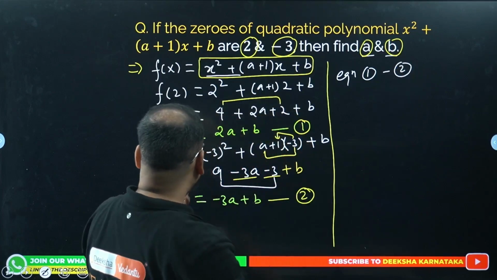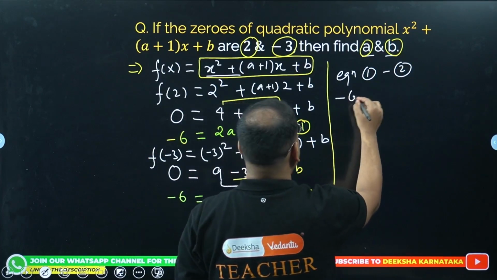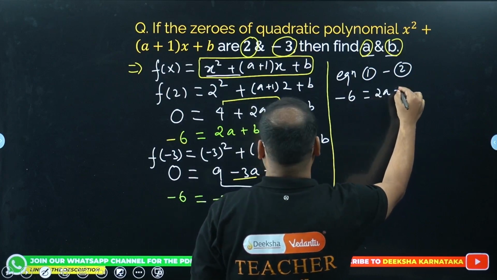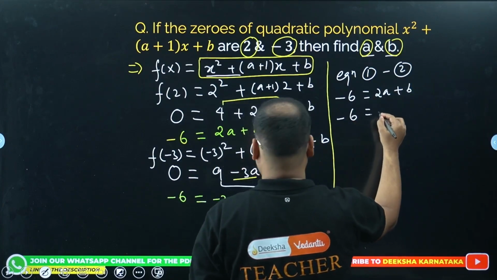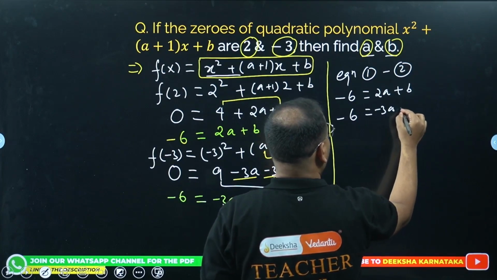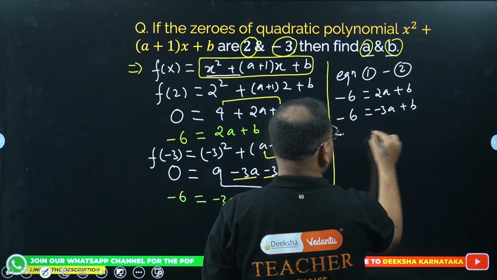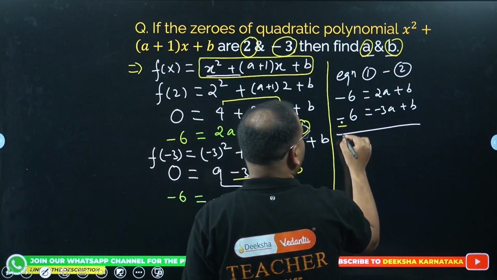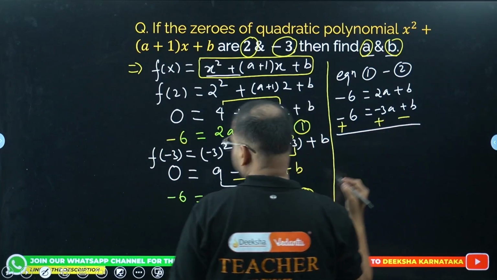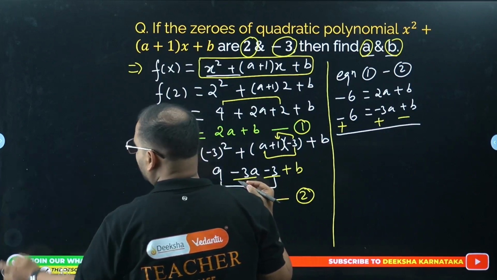What will happen? Let's write equation 1 first. Minus 6 equals 2a plus b, and equation 2: minus 6 equals minus 3a plus b. Subtraction means sign change. Plus, plus, minus. I don't have to say that, you all know, right?